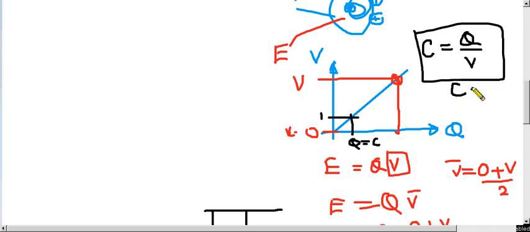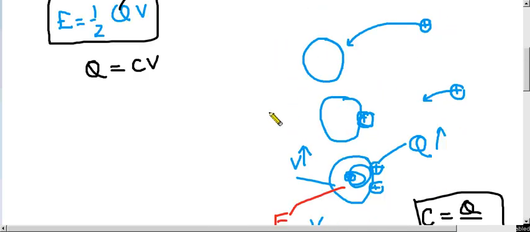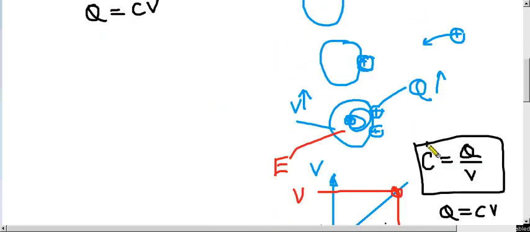Coulomb per volt is the definition of capacitance. So Q equals CV. That equation comes from this graph, but you should remember the definition of C. What is C? Charge per unit volt. That is the definition for capacitors.